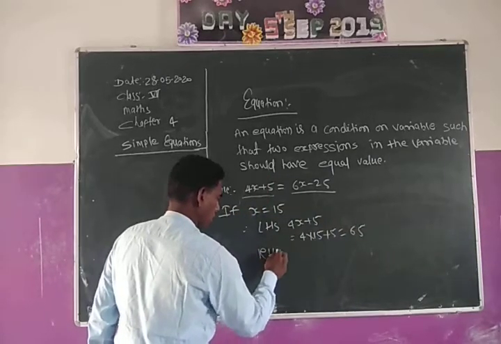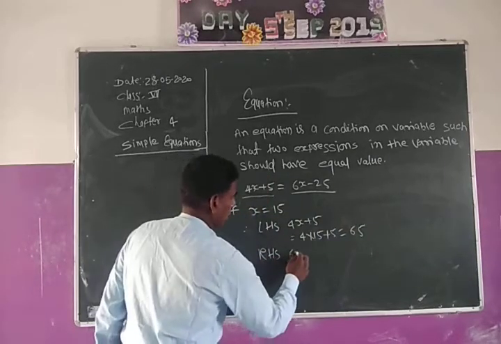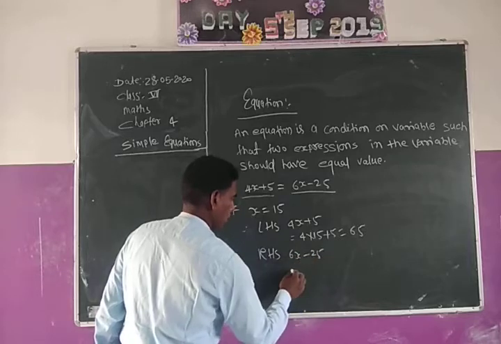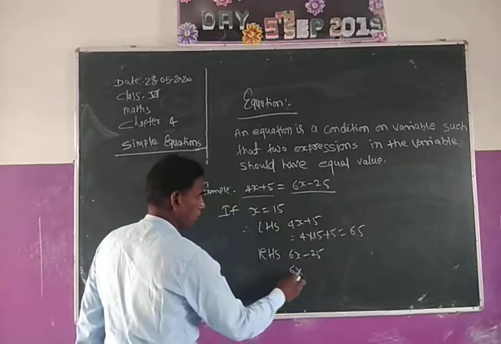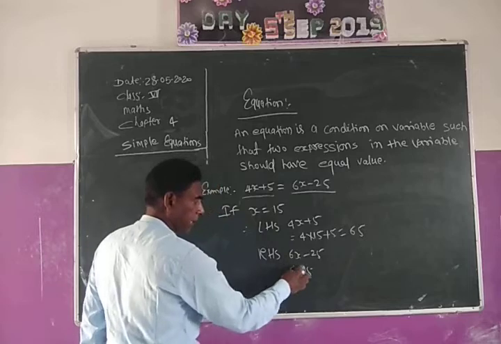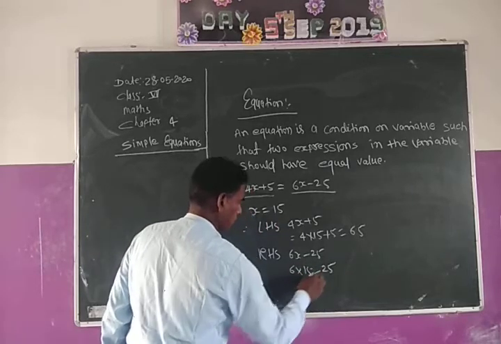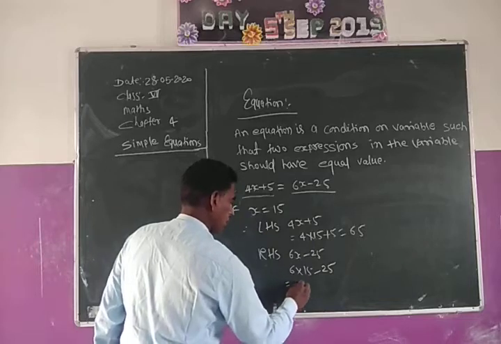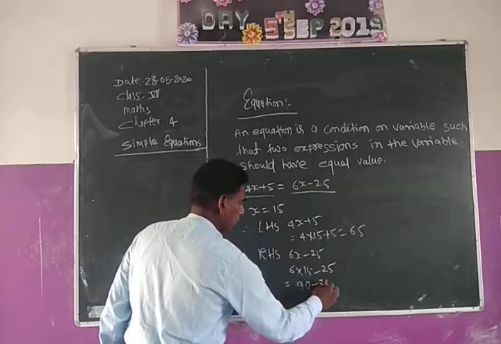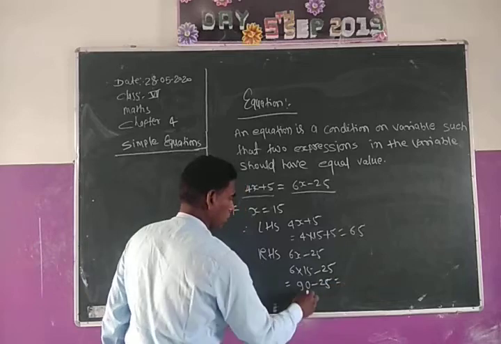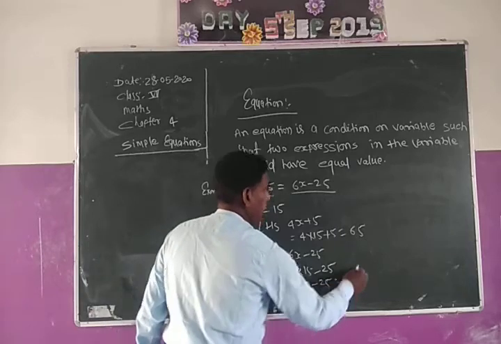RHS 6x minus 25, 6 into 15 minus 25 is equal to 90 minus 25, which is equal to 65.